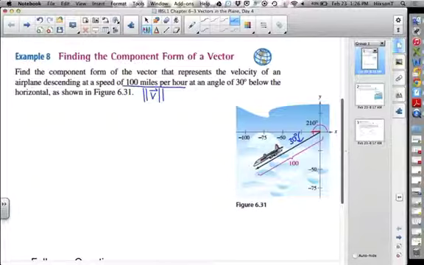Yeah, this is not a realistic problem, because if you're flying a jetliner at only 100 miles an hour, you'd be falling out of the sky. And you would never go down at 30 degrees or else your passengers would be very upset. I think a commercial airliner, when they land, only goes at something like 8 degrees.